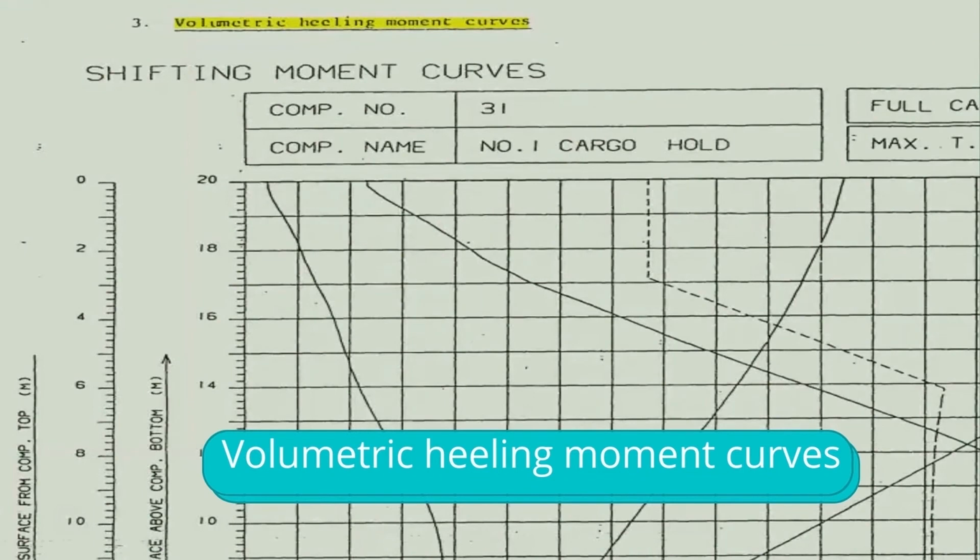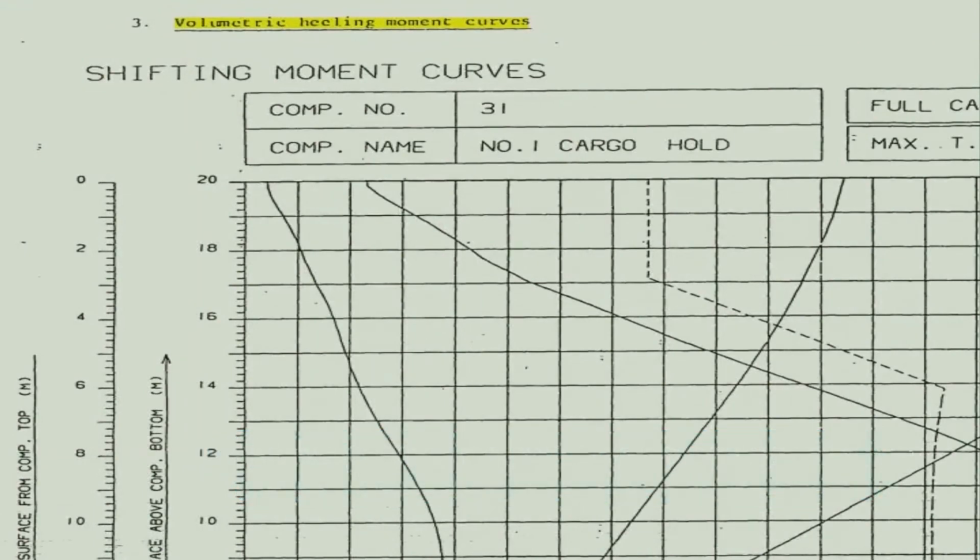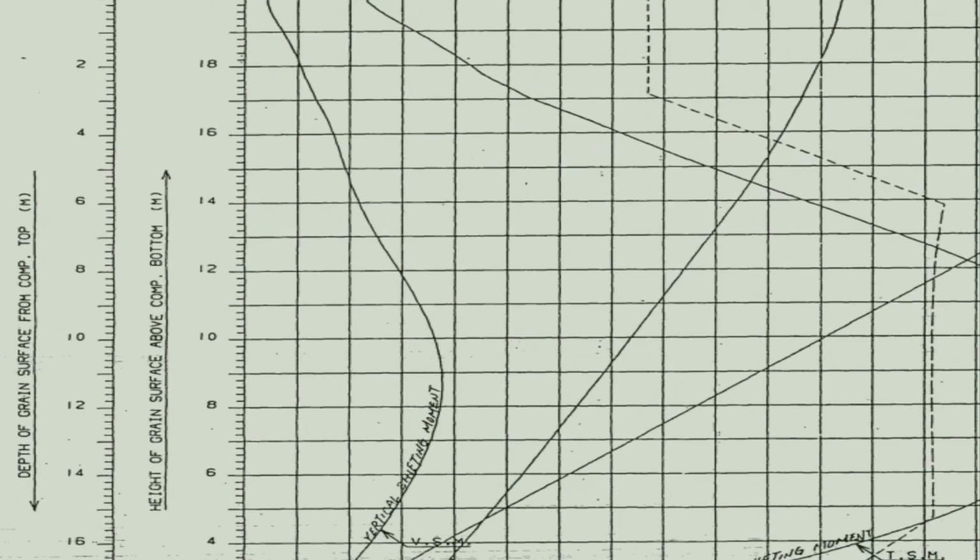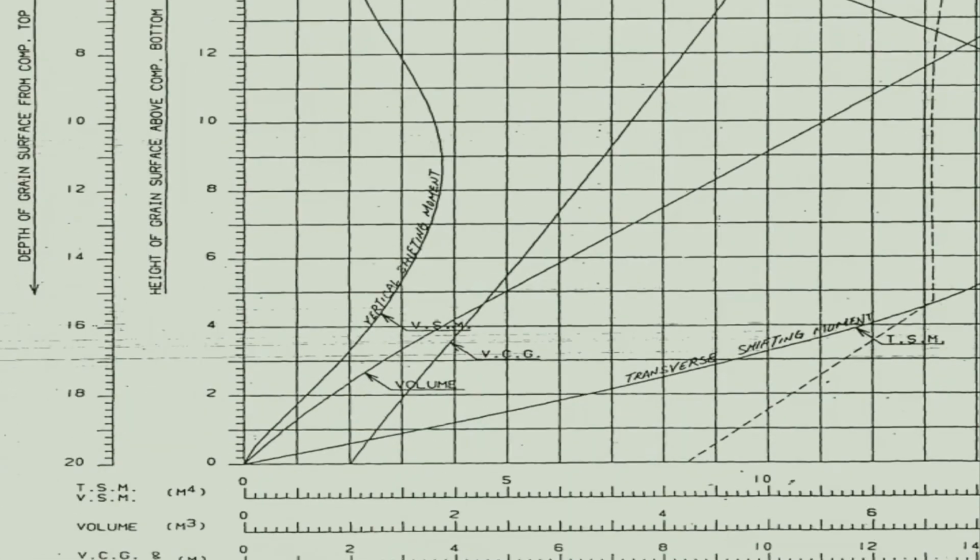Here, section number 3, volumetric heeling moment curves. These are very important curves. This is for condition number 3, which we have partially filled compartment. By the volume, we will go through that curve and get the volumetric heeling moment.